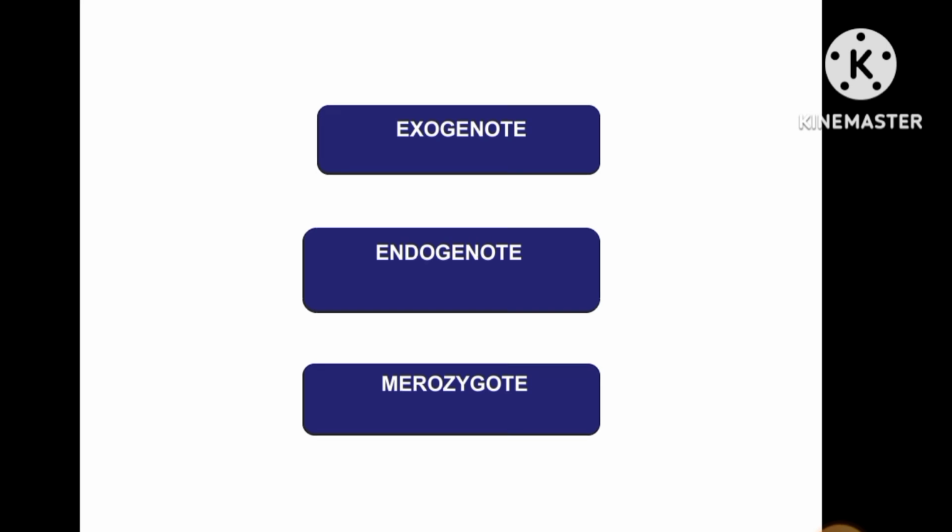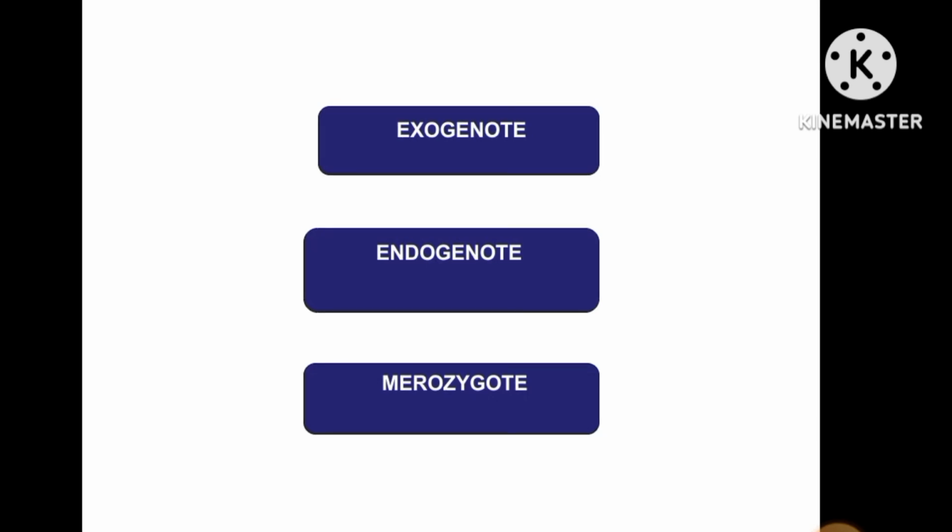Now these are the terminologies: exogenote, endogenote, and merozygote. The donor genetic material, or donor genetic sequences, is known as the exogenote, whereas the endogenote is the genetic material of the recipient, and the merozygote is a temporarily diploid DNA sequence.